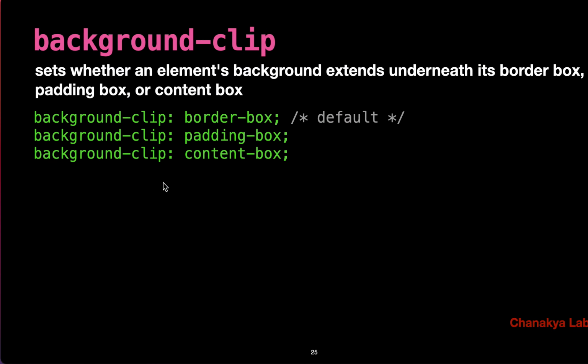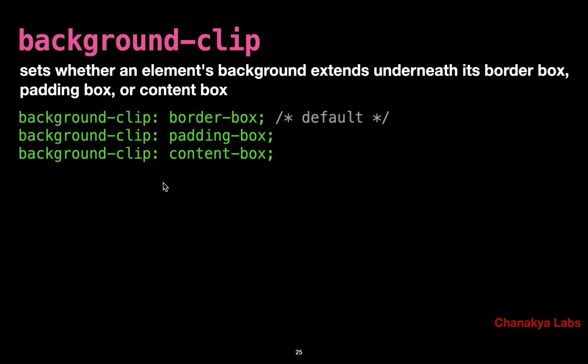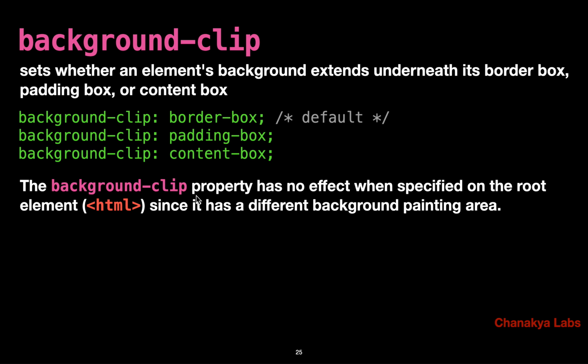Okay, so now you are fairly clear in understanding what background clip is. Again, the background clip property has no effect on the HTML element, because all this clipping only happens where the background is applied to the element.